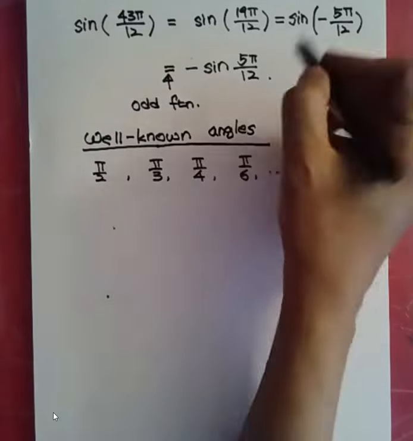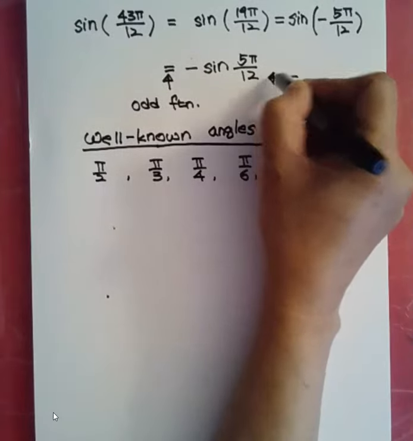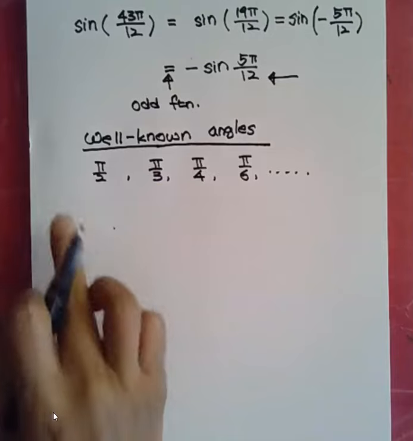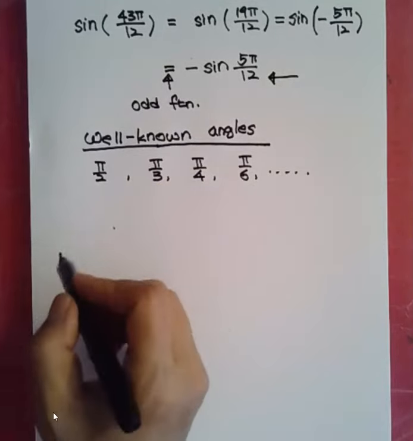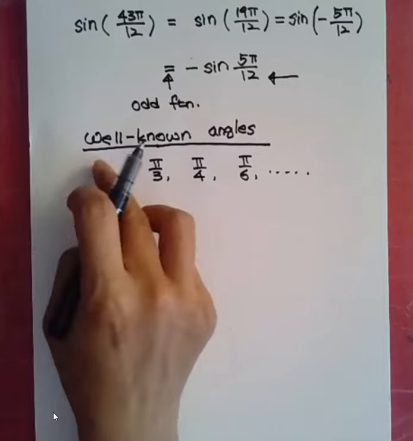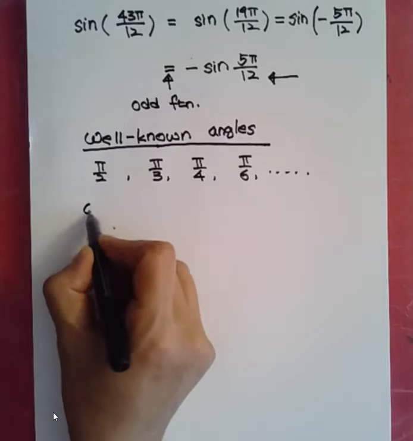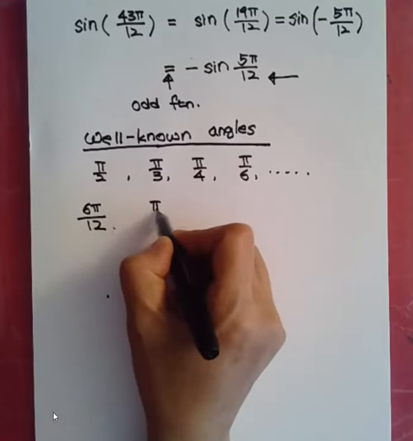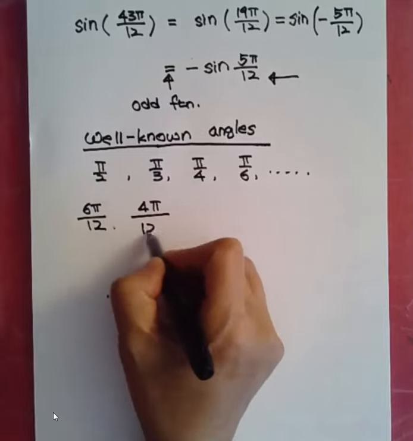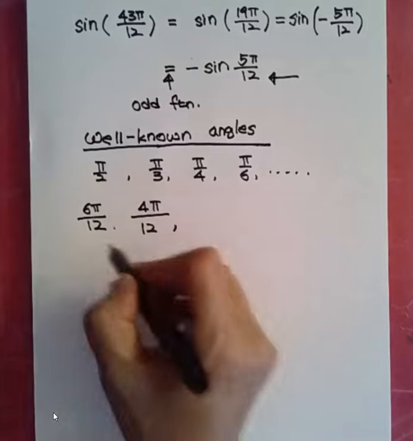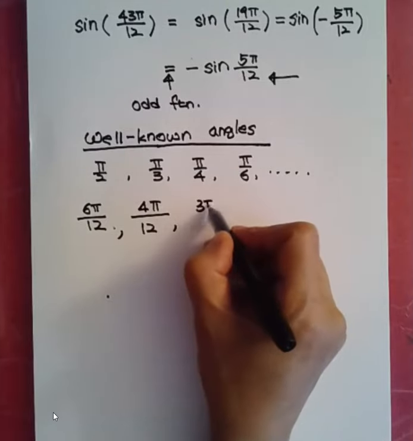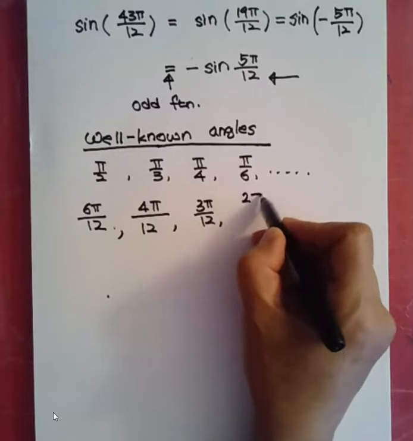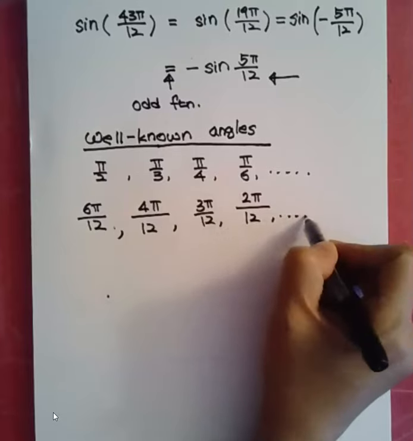Then what we notice is the denominator is 12, so we will think about the common denominator, and the common denominator is apparently 12. So pi over 2 can be written as 6 pi over 12, pi over 3 can be written as 4 pi over 12, pi over 4 can be written as 3 pi over 12, and pi over 6 can be written as 2 pi over 12, and so on.